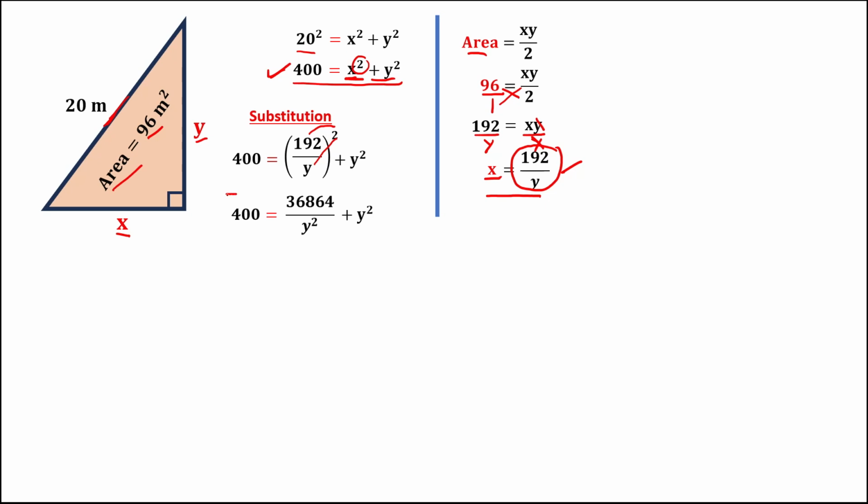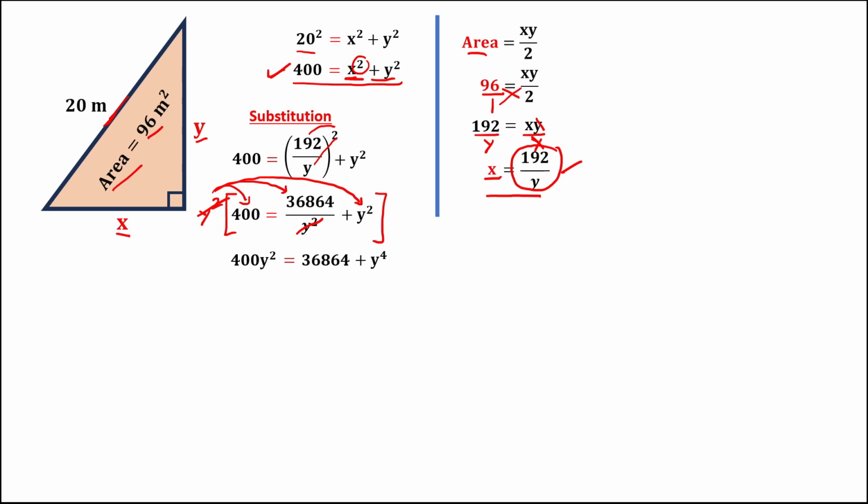Then to simplify, multiply this whole equation by y to the power 2, then distribute. So this is equal to 400y to the power 2. For this term, distribute, so y squared cancels and this becomes 36,864. Then distribute to this term, so this is y to the power 4.